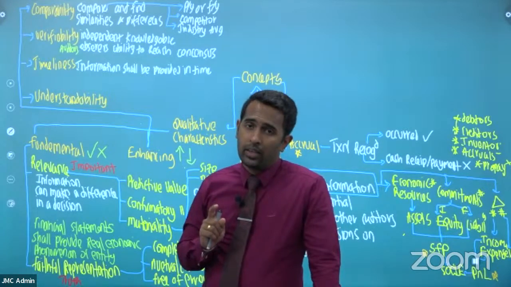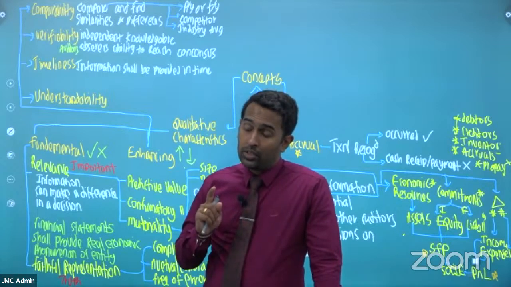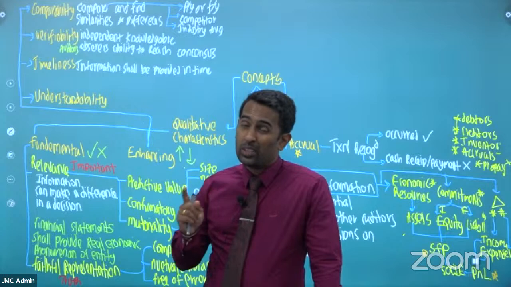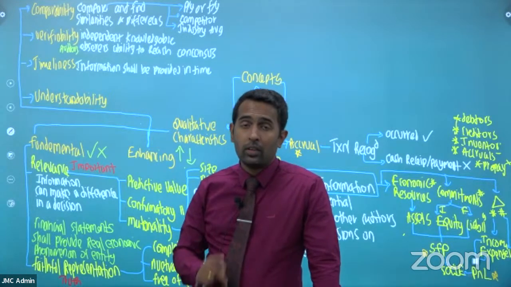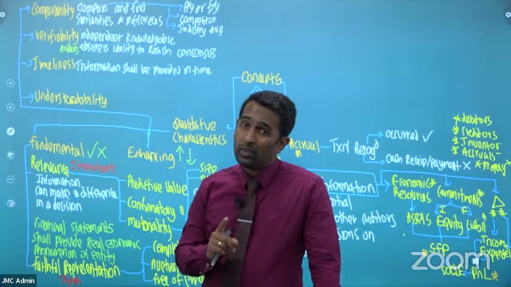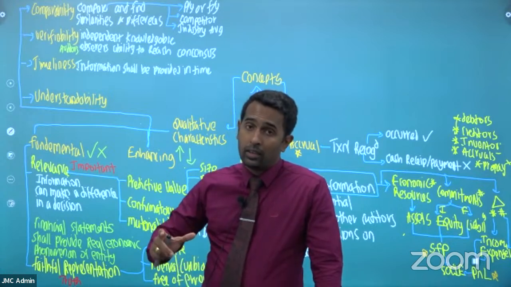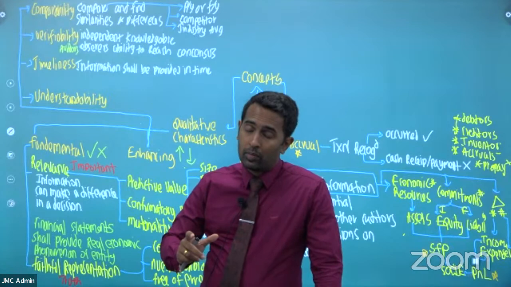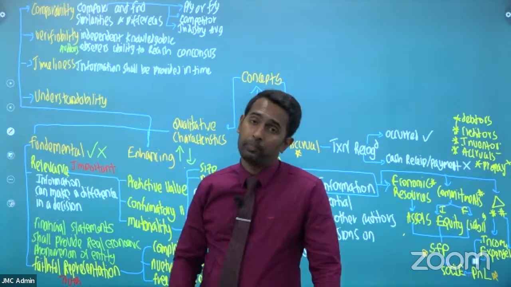That is why even the Companies Act specifically says financial statements shall be provided within 6 months after the year-end date. After the year-end date, within 6 months, we have to provide the financial statements. That is coming from the Companies Act number 7 of 2007. So even legally, they are putting the pressure that financial information shall be provided in time.